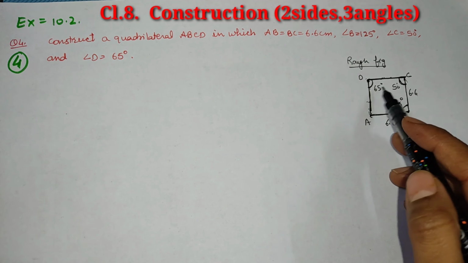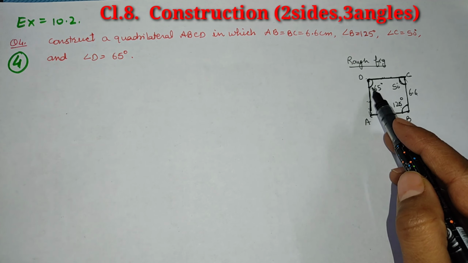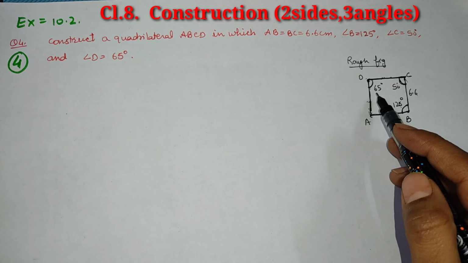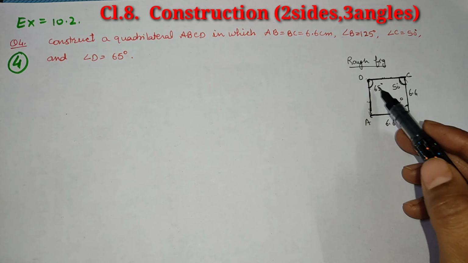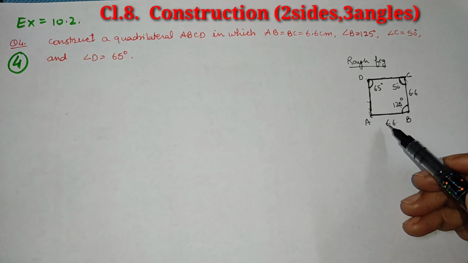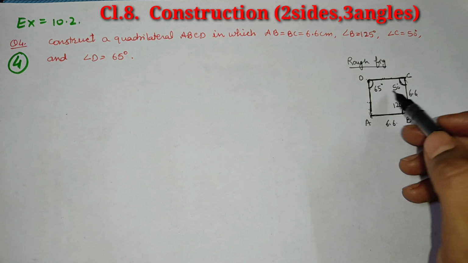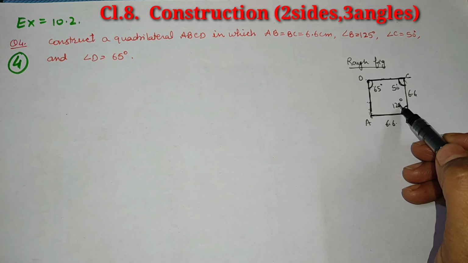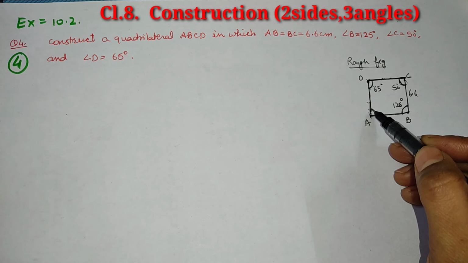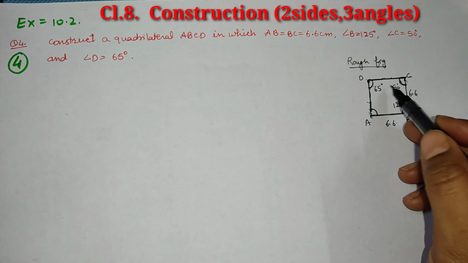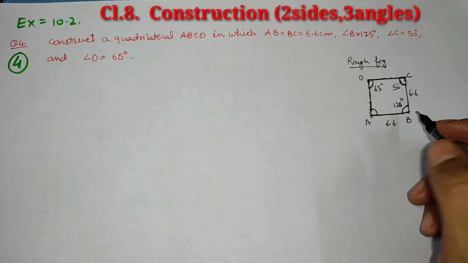We are unable to draw the 65 degree angle, so the 65 degrees they have given us is useless at this time. But ultimately they have given five things to draw the quadrilateral. Three angles are given. If we know the measurement of angle A, we can easily draw the quadrilateral.